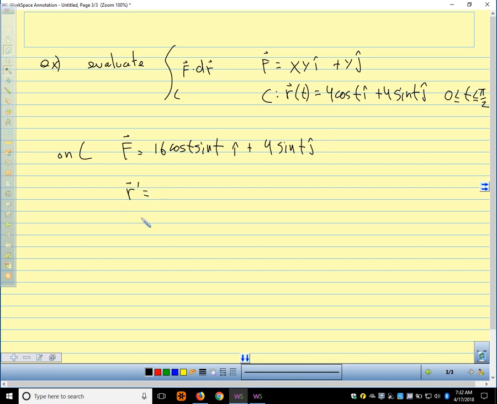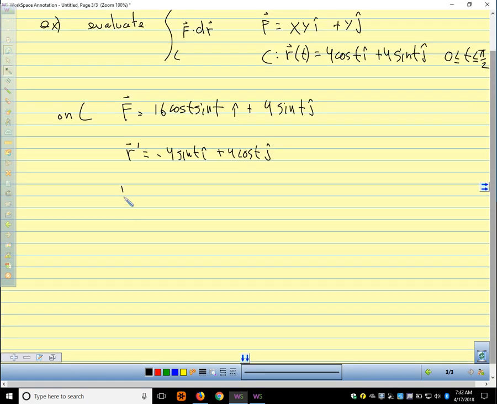Not a difficult derivative. What do we get? Minus 4 sine t i hat plus 4 cosine t j hat. So f dot r prime is going to be our integrand. What do we get? Negative 64 cosine t sine squared t plus 16 sine t cosine t.